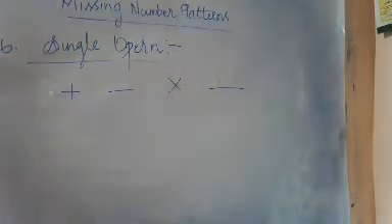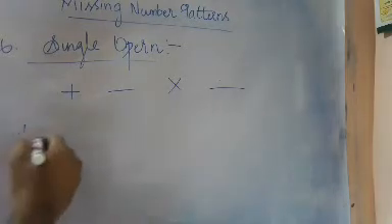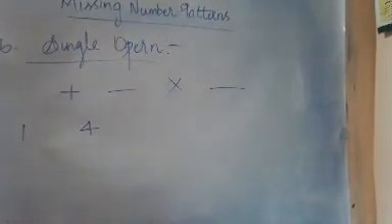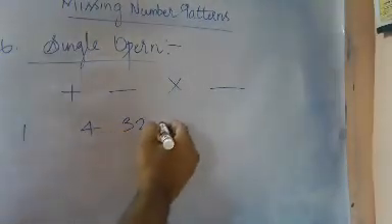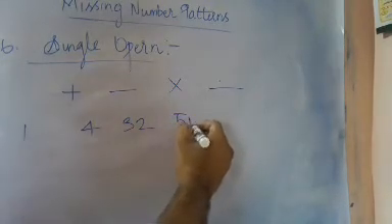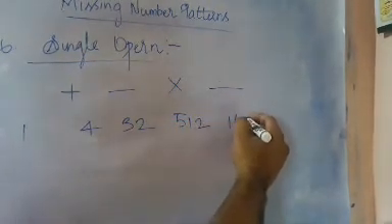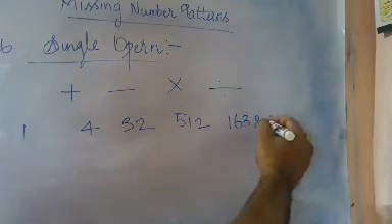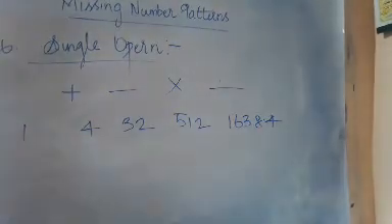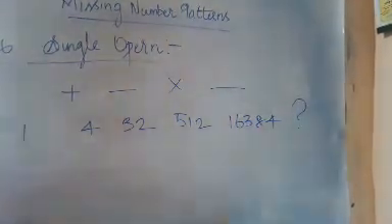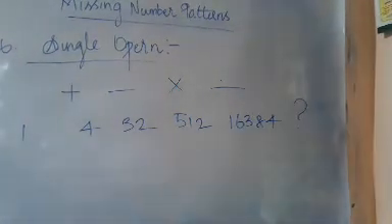Okay, for example, 1, 4, 32, 512, 16, 384. So what is the missing number here is the question.